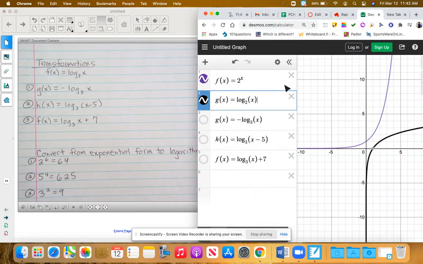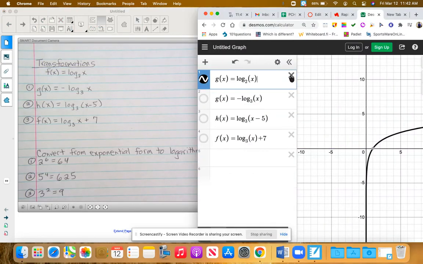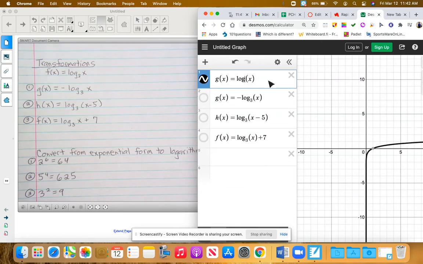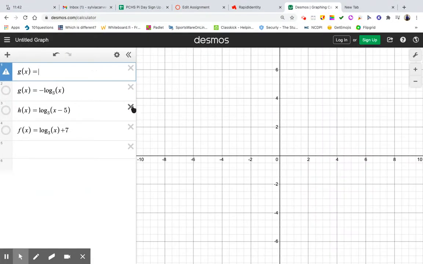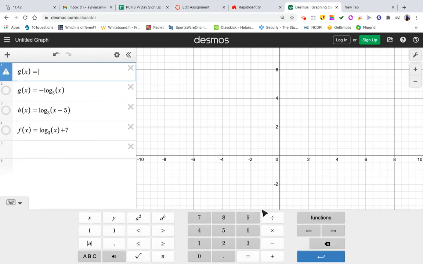So the first one here, we're going to type in log base 3 of x, and 3 is going to be my subscript. So if you go down to the bottom, let me blow this up a little bit. So we're going to be doing some logarithmic transformations.